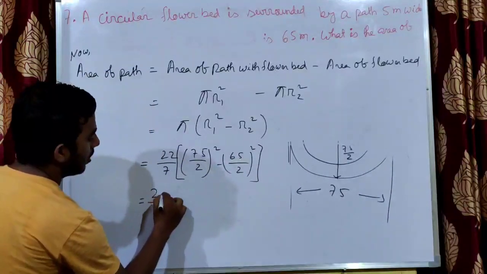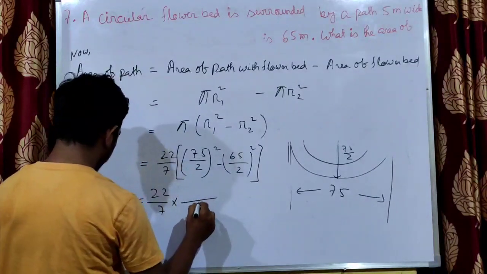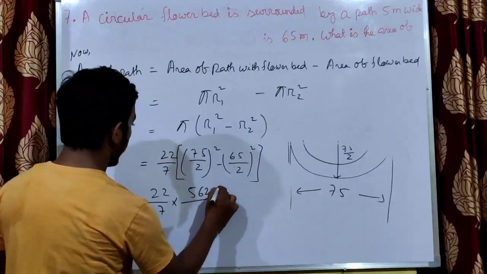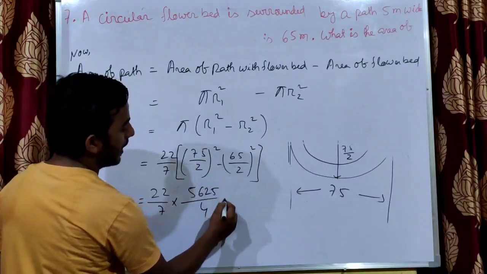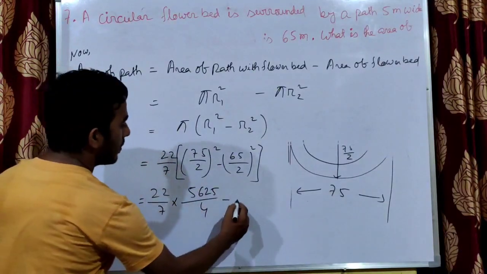So here it will be how much? 22 by 7 into 75 square is how much? It is 5625 and 2 square is how much? 4. Then minus sign, minus, then 65 square. 65 square is how much?